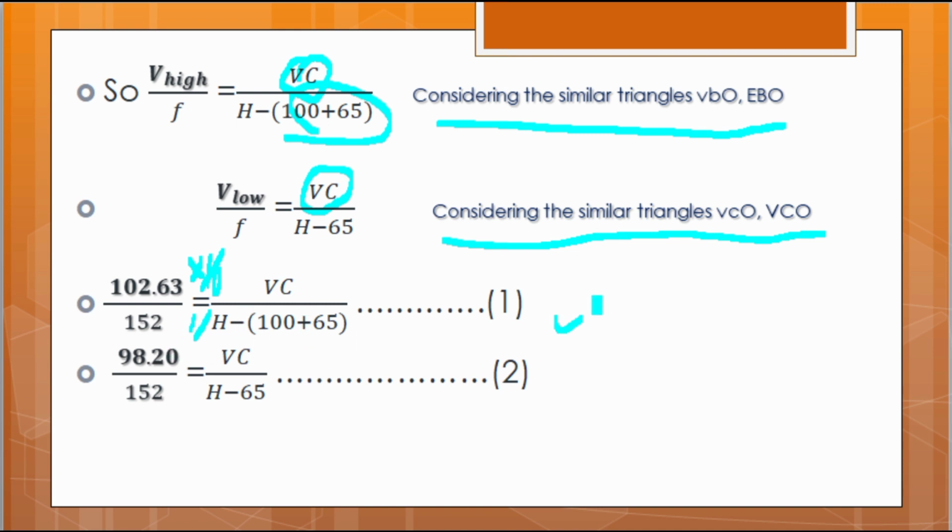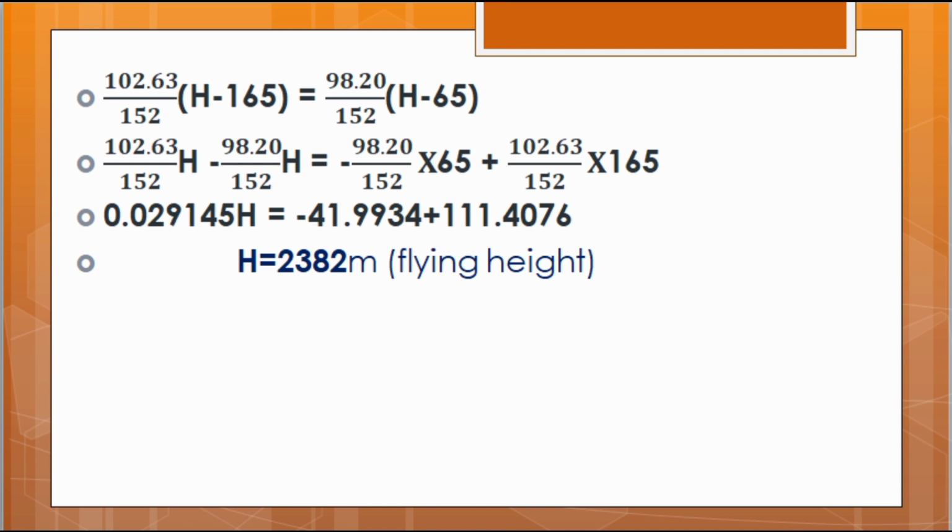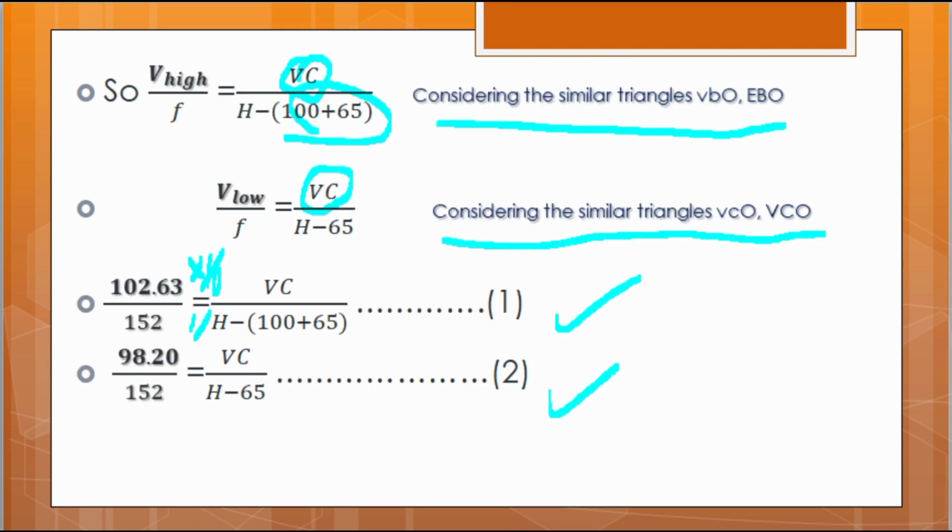So by comparison of our first formula and the second formula, this is a representation of our VC. By cross multiplication of both these two values, I think cross multiplication should be easy for you, so I just went ahead and did that directly.